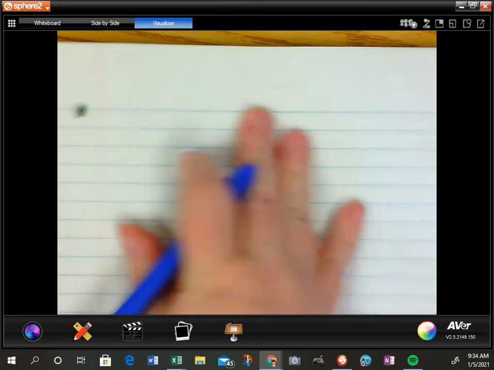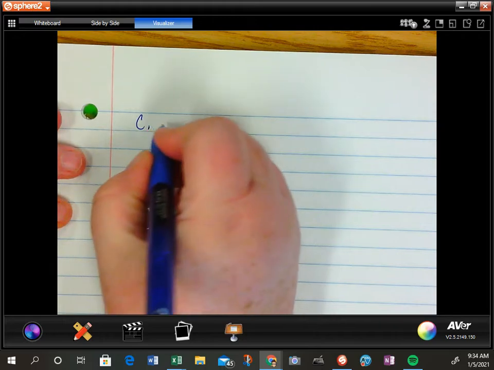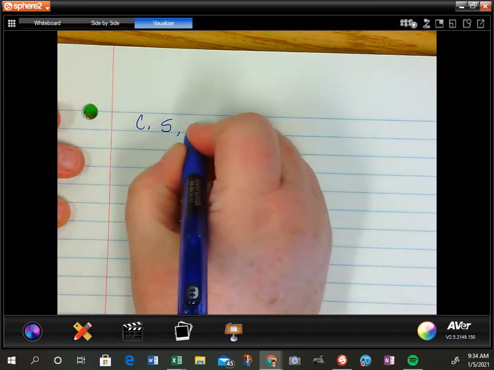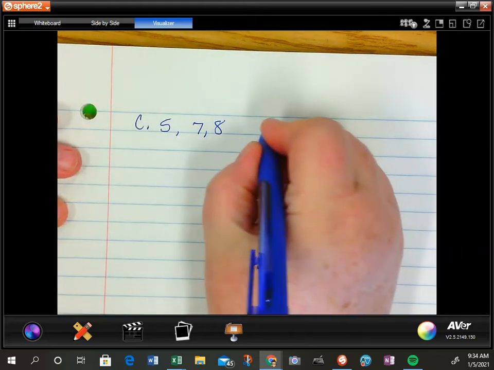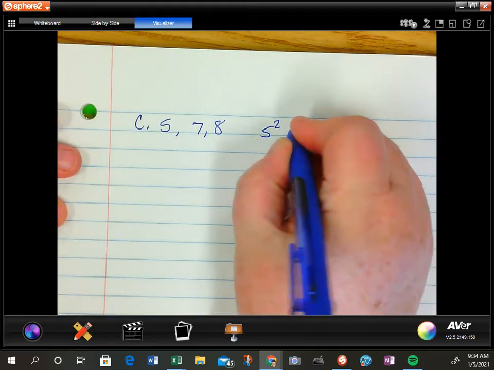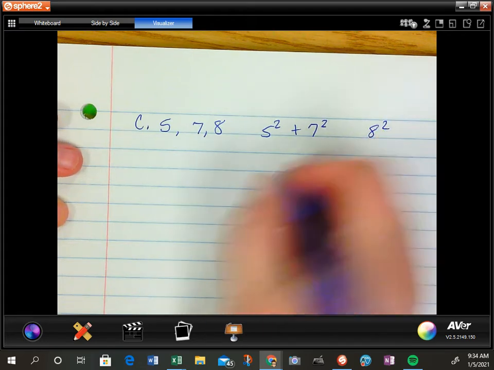One more. Letter C. 5, 7, and 8. Once again, we're going to do 5 squared plus 7 squared and 8 squared.